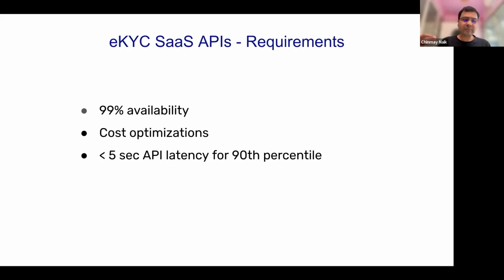We also asked our product team to survey existing customers, for example going into stores, to check their current experience, and most of them said it currently takes 10 seconds or more and they're still okay with it. So we gave less than 5 seconds as API latency, and they were happy with that.